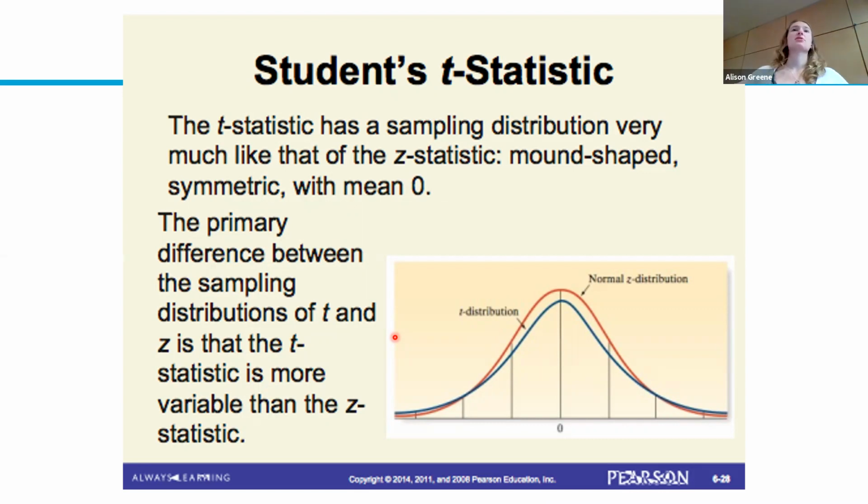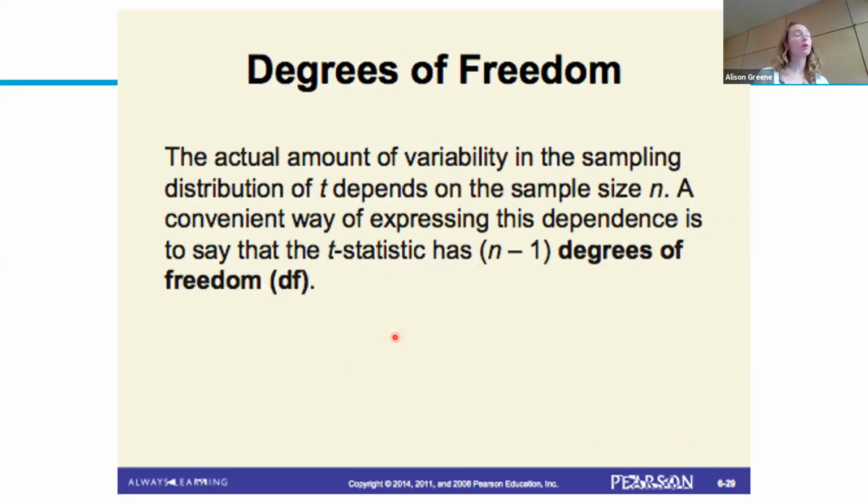You see those tails are stretched out farther, so you have a wider distribution. One feature of the t-distribution is that there's something called degrees of freedom, which is based on the sample size. So your degrees of freedom is just going to be n-1. And you use that to figure out which curve you're looking at.